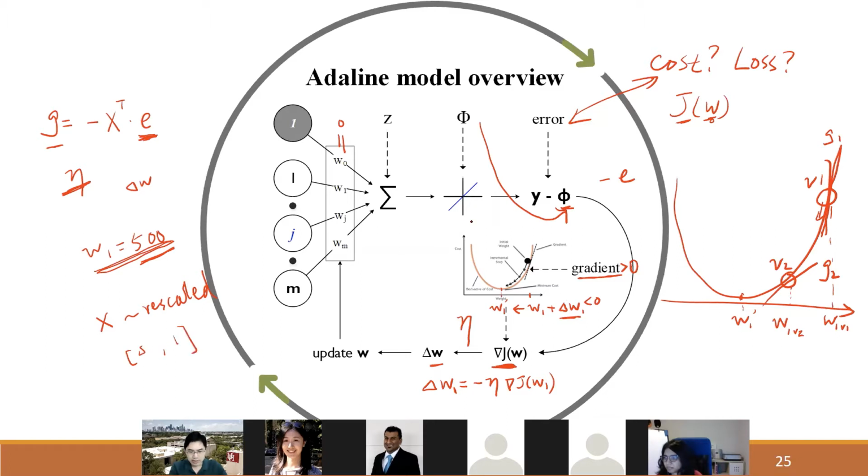It's standardized, or min-max normalized. With the normalized x variables, the weight does not have to be 500. I don't think this ever happens in real life. But if that happens, that means the model is overfitting to the training data set.